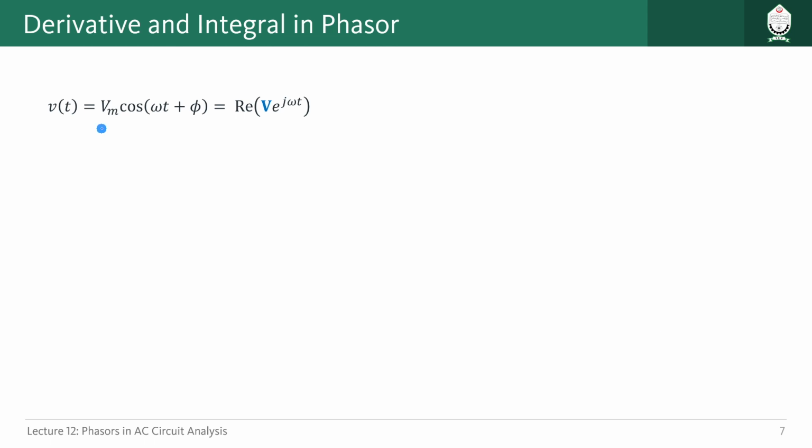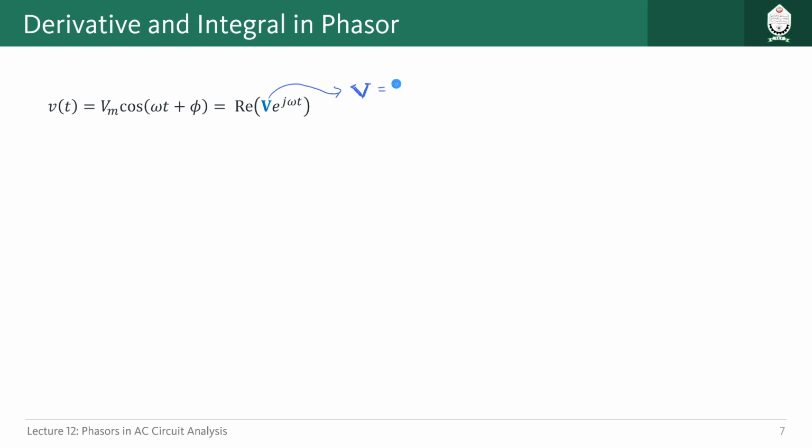Just like before, we have this voltage signal v of t, which is Vm cos(omega t plus phi), and this can be represented in terms of its phasor, which is this one. Here this bold V is the phasor of our sinusoid v of t.